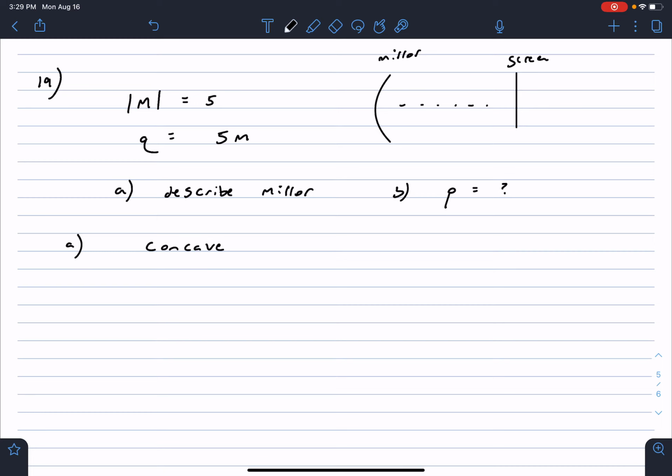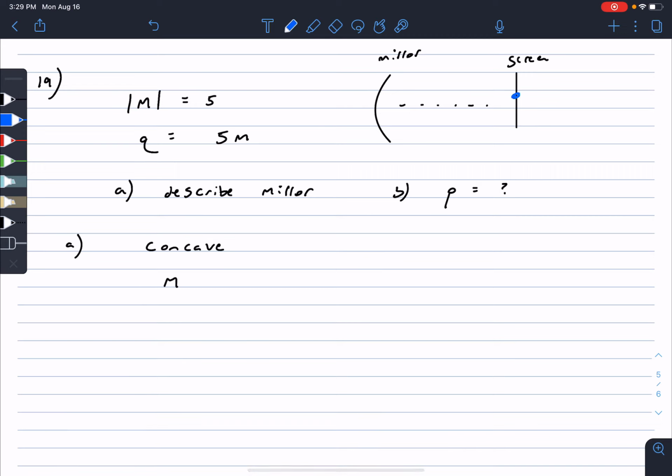But let's say that from a concave mirror, a real image is going to be inverted, right? So this image is going to be, I'm sorry, not virtual, real. This real image is going to be inverted. So that means we have a magnification less than 0.